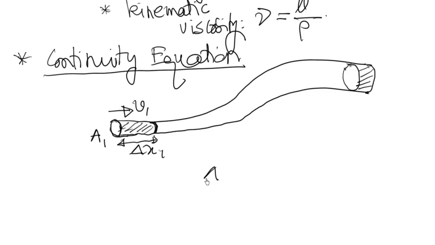Our time is delta t. Here, this is the entrance point and this is the exit point. The velocity is v2, area of cross section is A2, and in time delta t, the fluid moves this distance delta x2.